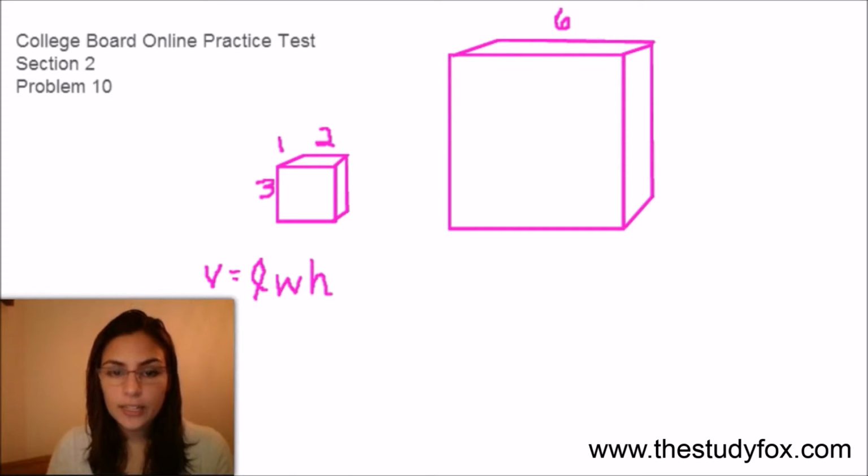Okay, let's keep reading. The next part of the problem is they're telling us that there's a cube-shaped box with a side edge of 6 inches. A cube is just like a square, except it's a 3-dimensional square. And the reason that's important is because in a square and in a cube, all the edges are the same size.